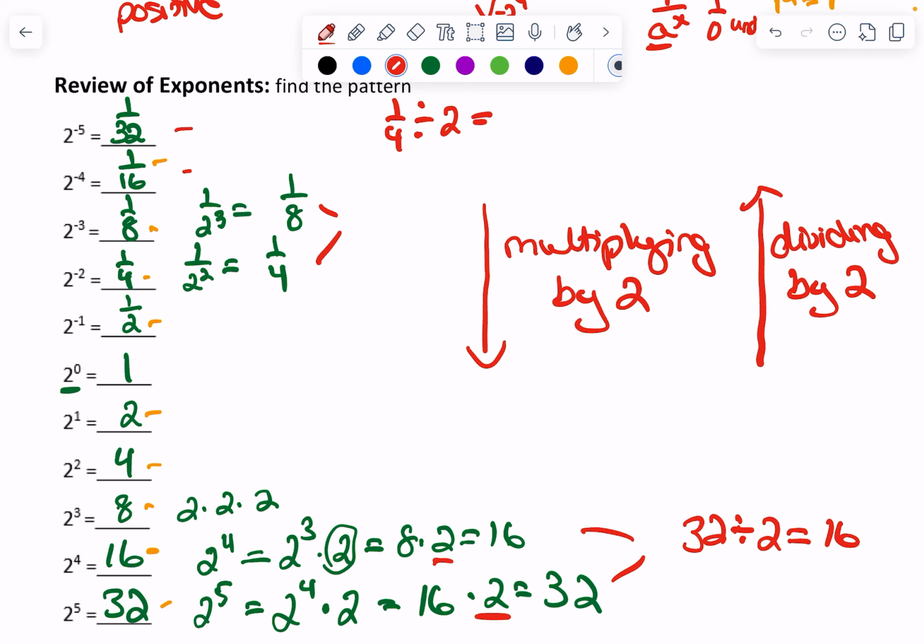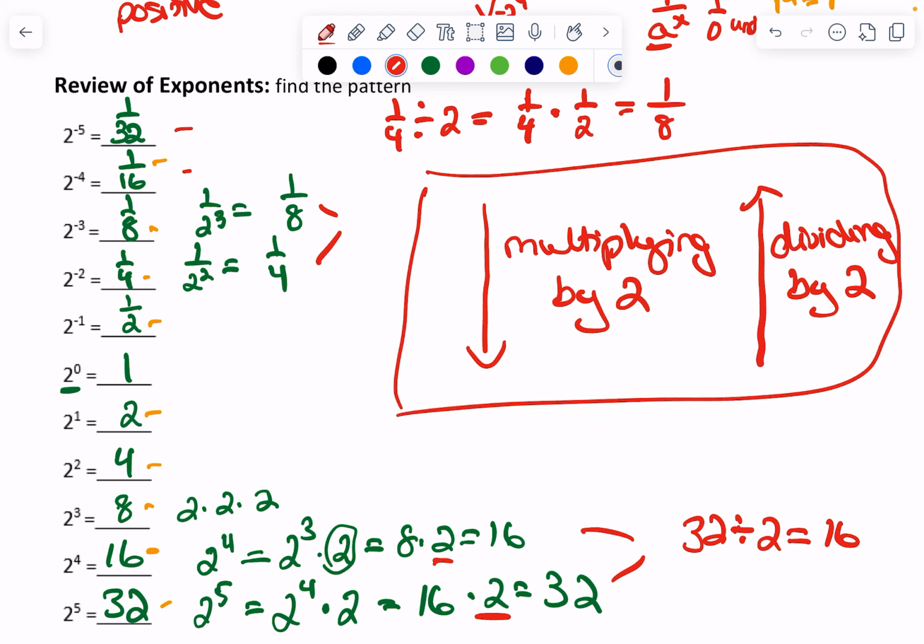Remember, when we're dividing, we change it to a multiplication and take the reciprocal, so a half. Top times top is 1, bottom times bottom is 8. And that's how we get that. So this is the pattern that's going to be moving forward.